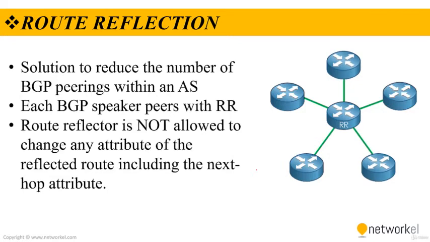Routing advertisements sent to the route reflector are then reflected out to all of the other BGP speakers. The route reflector reflects routes considered as best only. Additionally, a route reflector is not allowed to change any attribute of the reflected route, including the next hop attribute. This is so important, so keep in mind, guys.